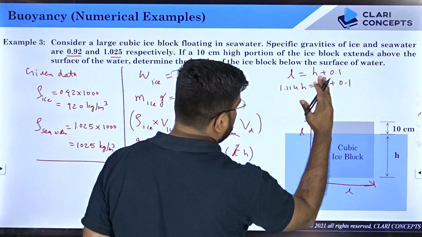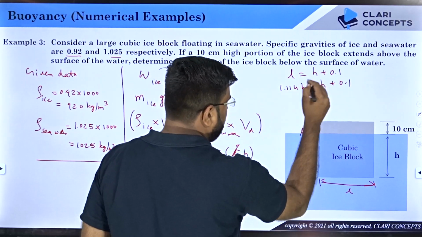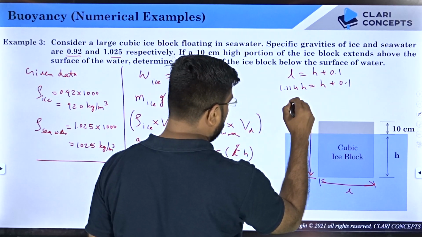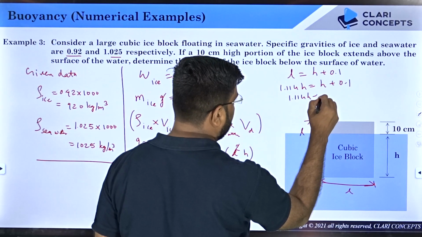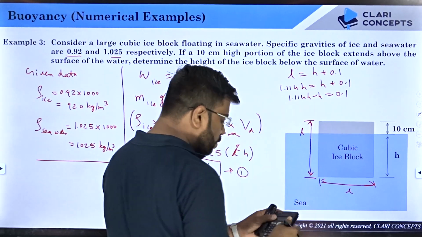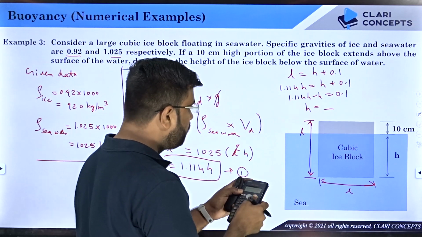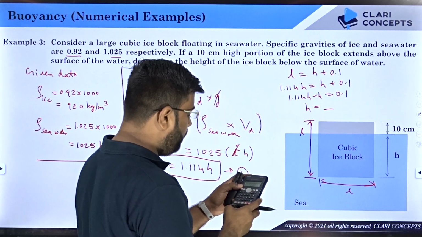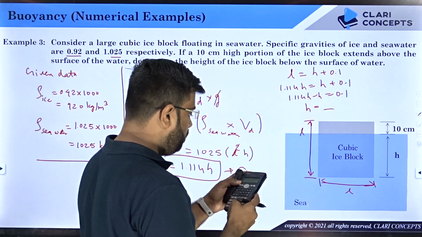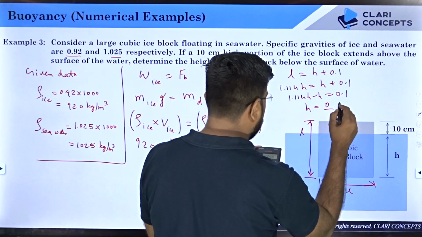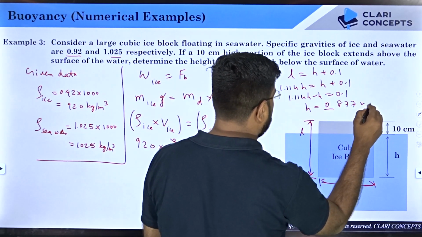You take this H on the left hand side. This will be minus. So 1.114 H minus H equals 0.1. You take H common out and find out the value of H. So you will get 0.1 divided by 0.114. This will give you 0.877 meters.